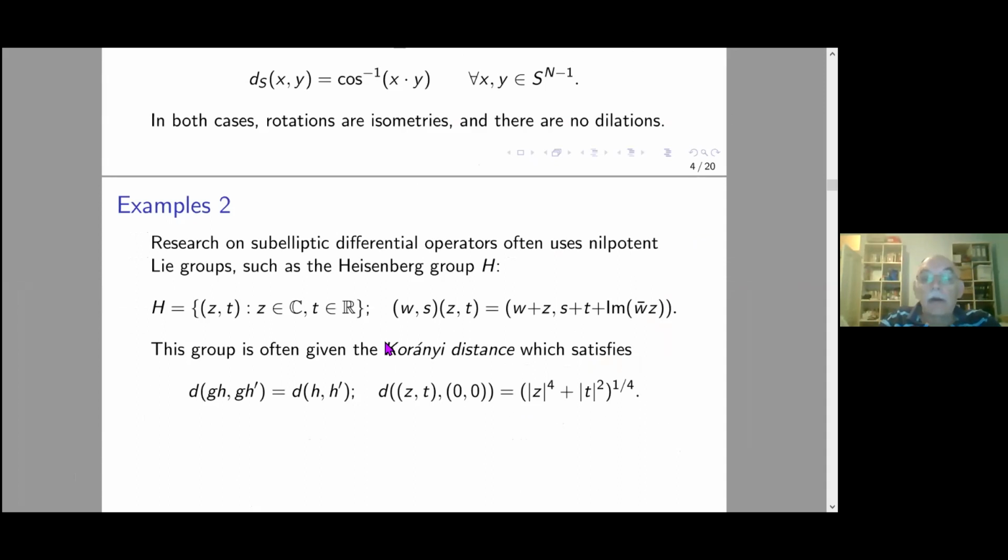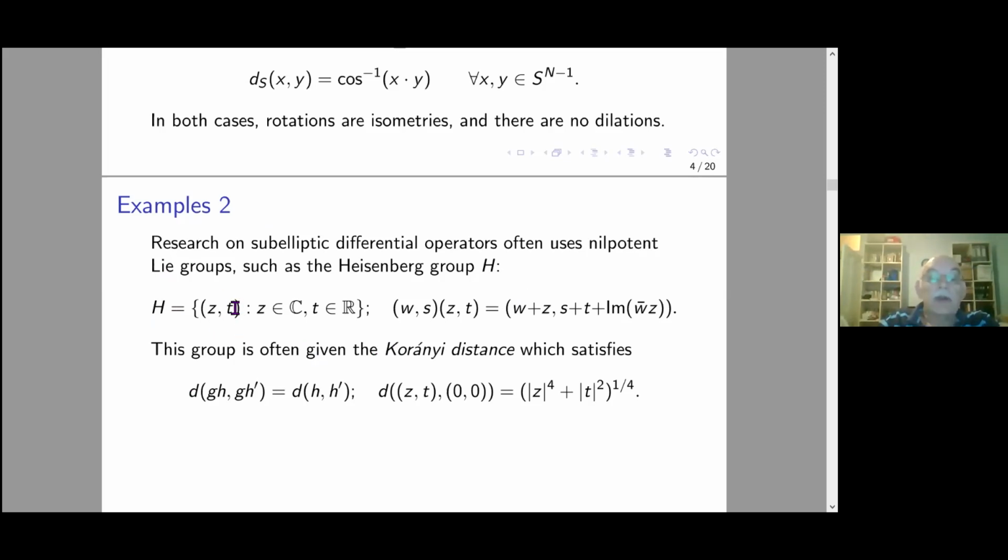Okay, so here's another example to show that things are a little bit more complicated. People who work in partial differential equations, on so-called subelliptic differential operators, often work with nilpotent Lie groups. So here's the Heisenberg group H, which is a nilpotent Lie group.